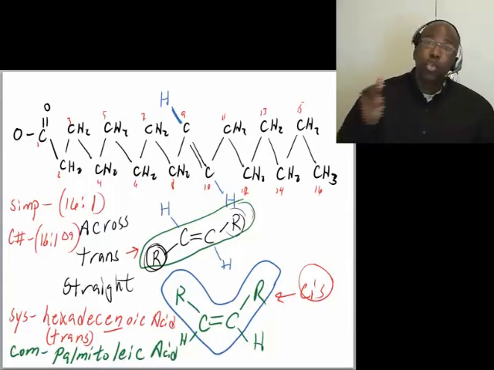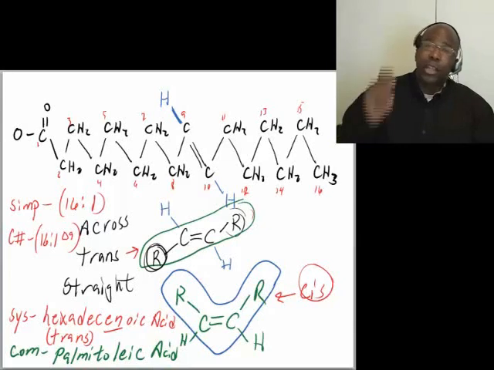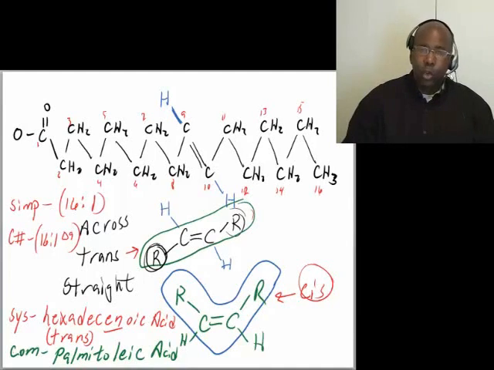But this is trans palmitoleic acid. And remember, this one is not found in living organisms. So we're going to stop here with trans palmitoleic acid. On the next clip, we're going to look at the correct fatty acid.